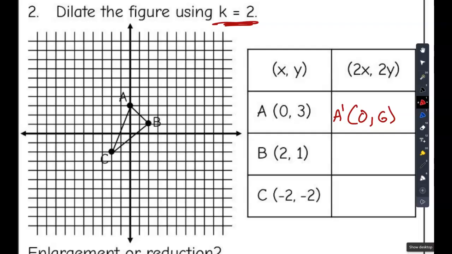If we multiply 2 by 2 and 1 by 2 for B prime, we get 4 and 2. And for C prime, we multiply by 2, and then we get -4 and -4.